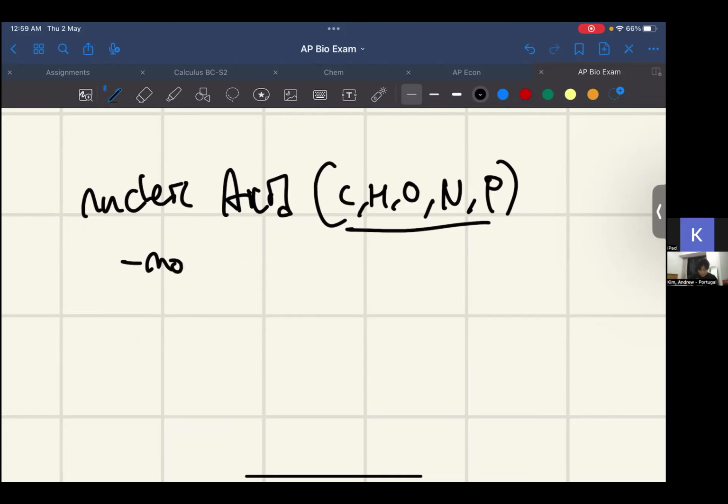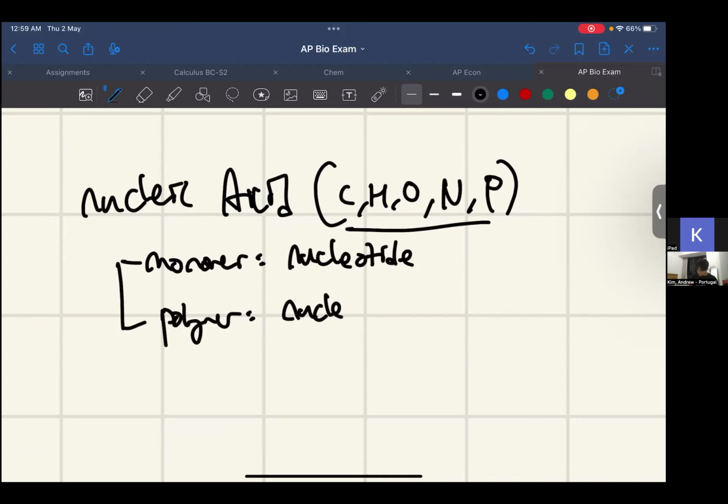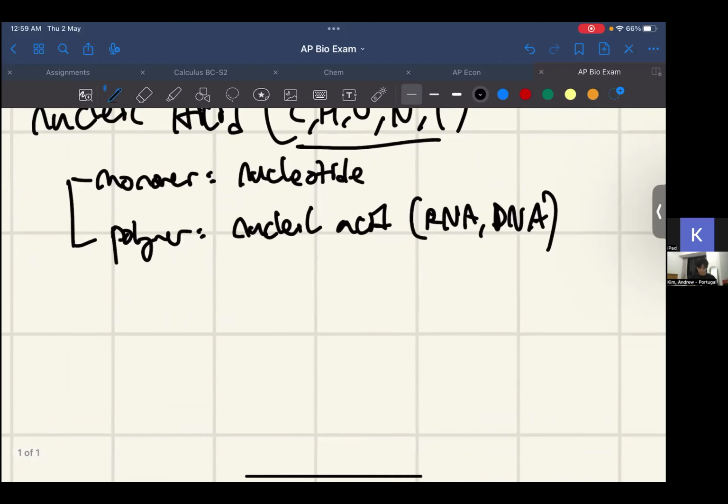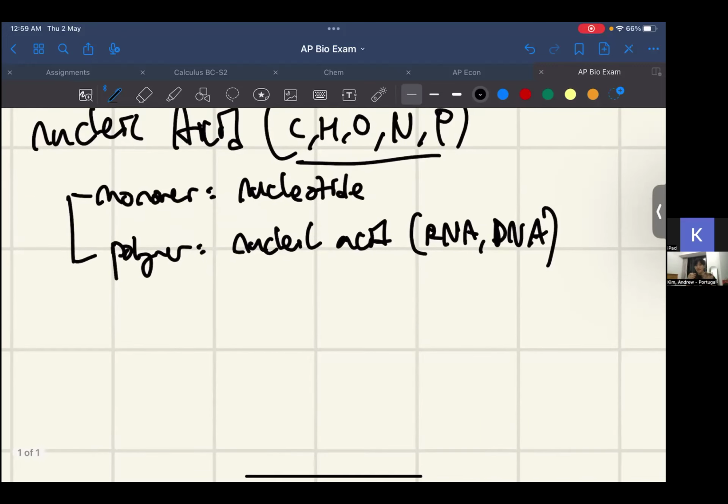What is nucleic acid's monomer? It is nucleotide, okay? Then what is its polymer? It is nucleic acid, literally just nucleic acid. Different types are RNA and DNA, only two of them, okay? Easy to remember. Now, how does a nucleotide look like?